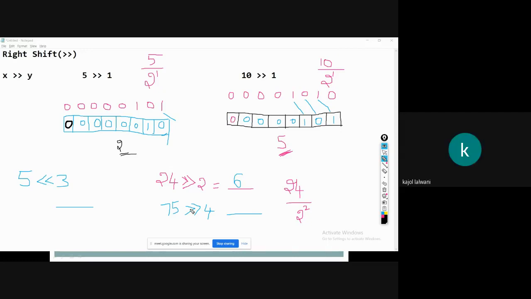If you right shift by 1, it is 2. If you right shift by 2, it is 2 square. If you right shift by 4, it is 2 power 4.